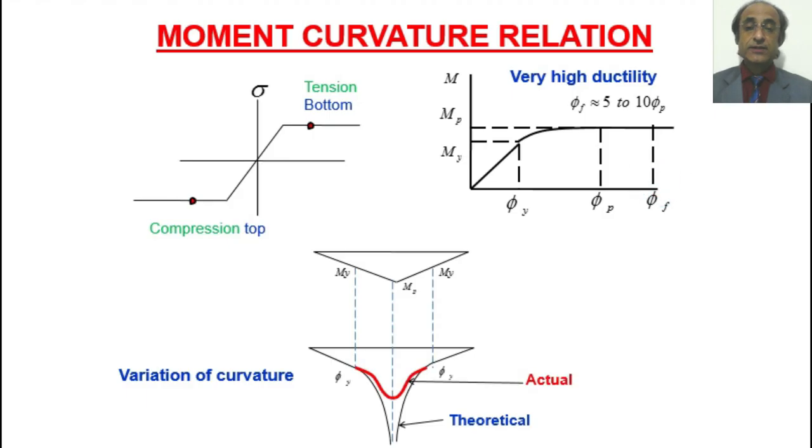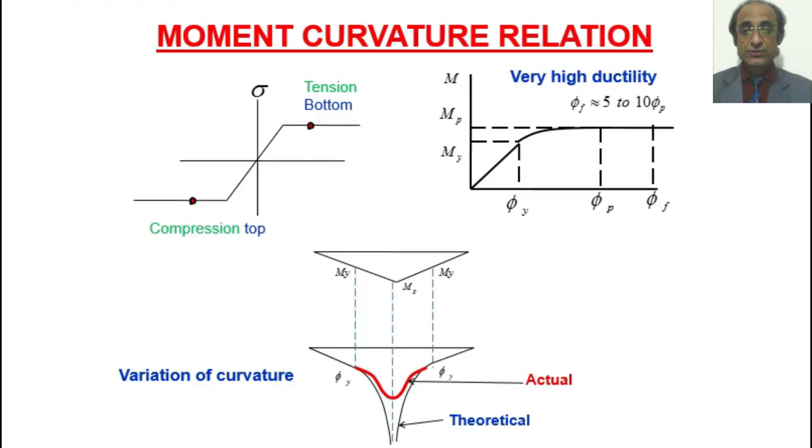Because the plastification, in the sense that the top and the bottom regions are converging, happens at a single section only. The regions to the left and to the right of it still have capacity because they have not yet reached the yield stress across their entire depth, so they tend to resist.